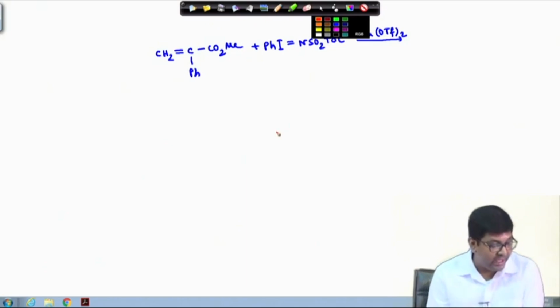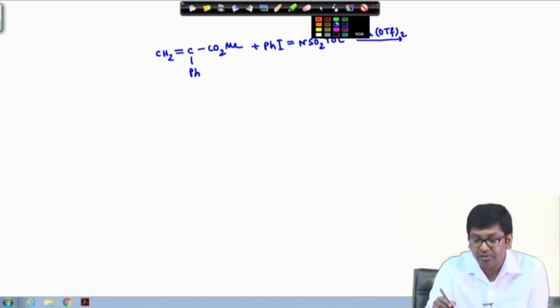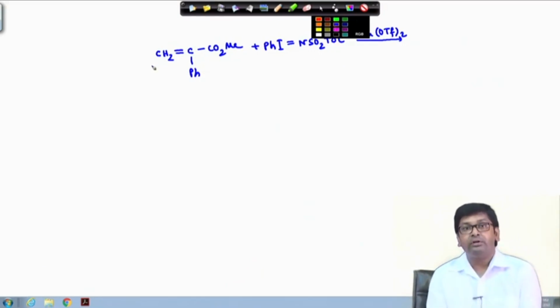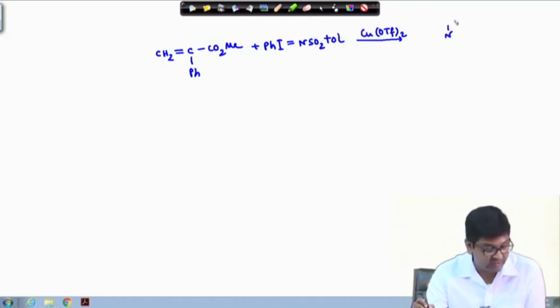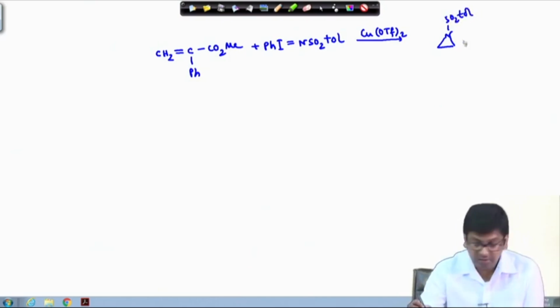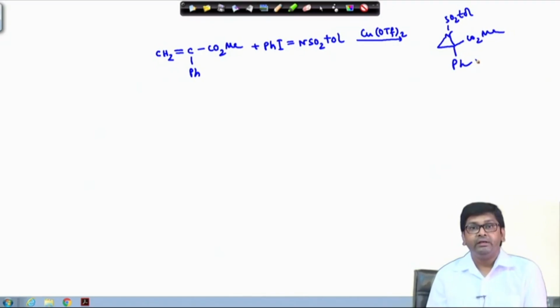This iminoiodinane is attached with the para-toluenesulfonyl. So, if this one reacts with this corresponding olefin, this will give the aziridine ring. So, this will be the end product.